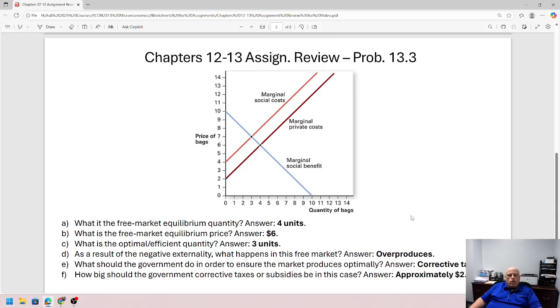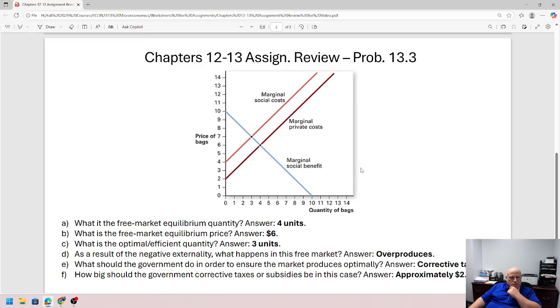So on 13.3, it gave us this graph here, and then it wanted us to answer similar questions to what we answered for problem 13.2 on the first graph. So on this one, part A, it's asking us, what is the free market equilibrium quantity?